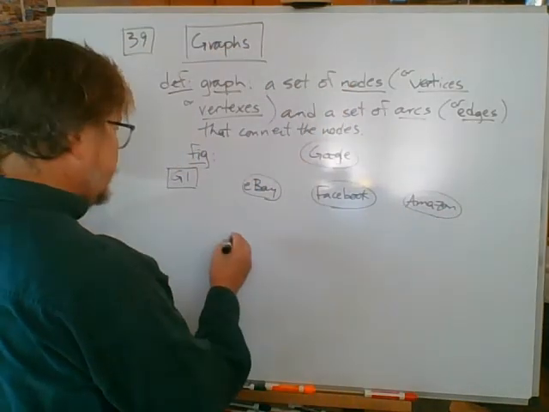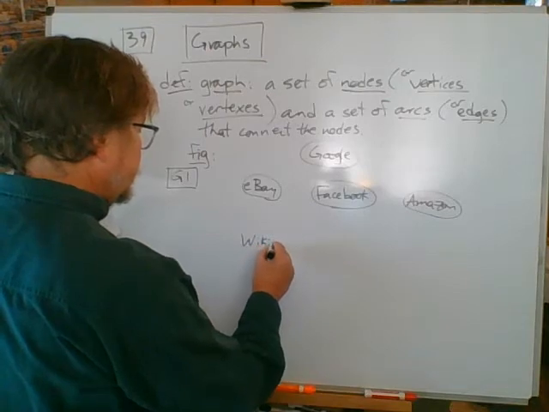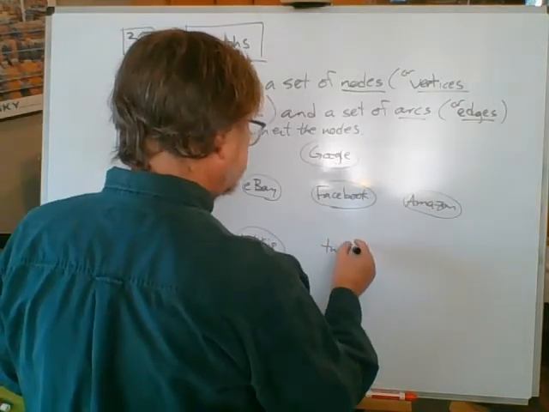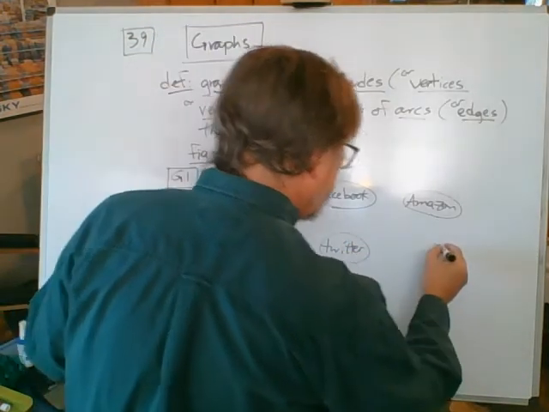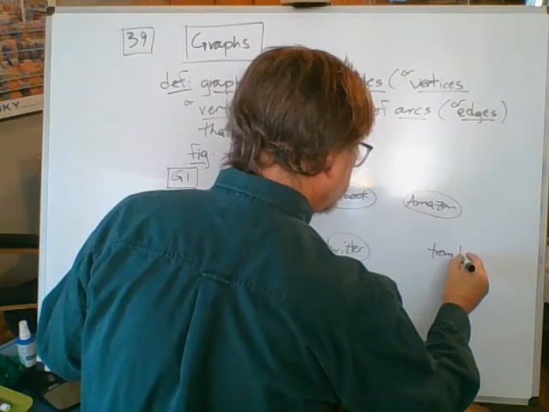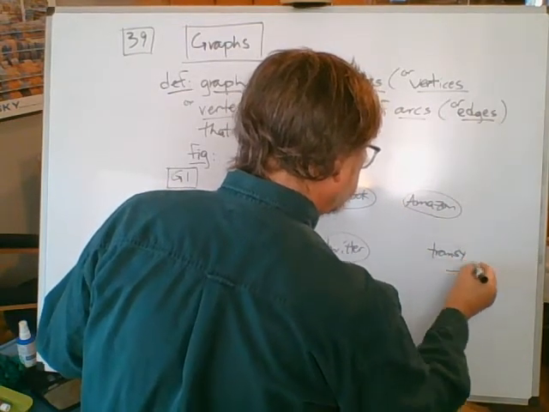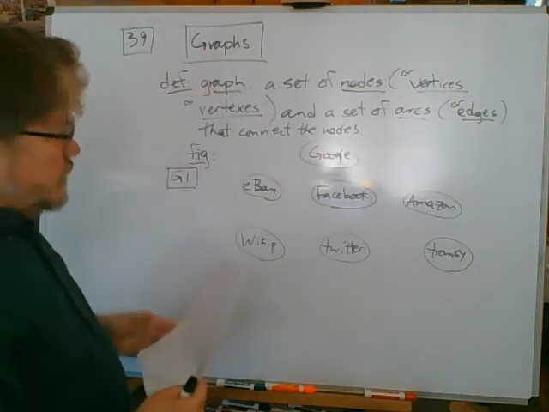What else we got? Wikipedia. I'm going to have to abbreviate that. Wikipedia, Twitter, and, of course, Transy. Transy.edu, but I'm just going to put Transy. There. There are my nodes, or vertices, or vertexes.